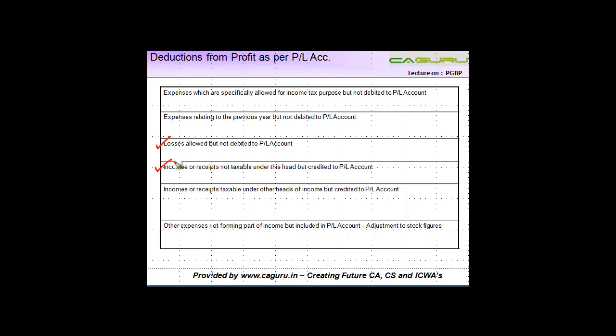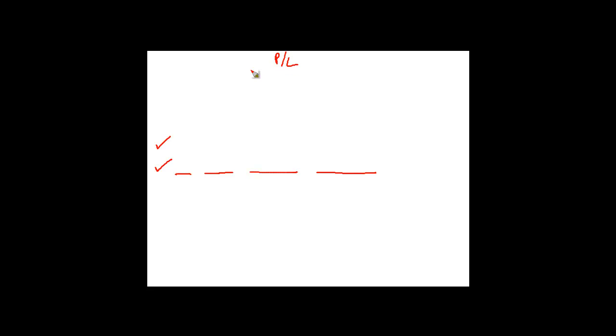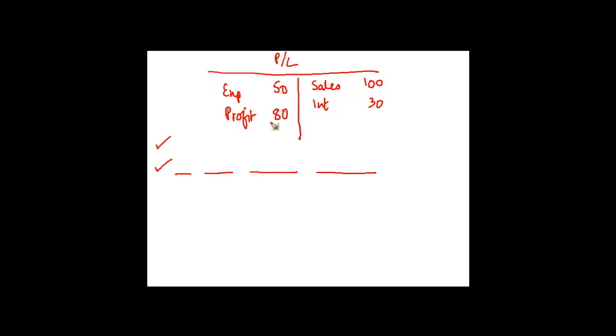The next one, income or receipt not taxable under this head but credited to the profit and loss account. Let's say you have a profit and loss account with sales 100, interest 30, expenses 50, and profit 80. When you prepare your tax computation, you start with this number. So you say your profit as per profit and loss account is 80 rupees.